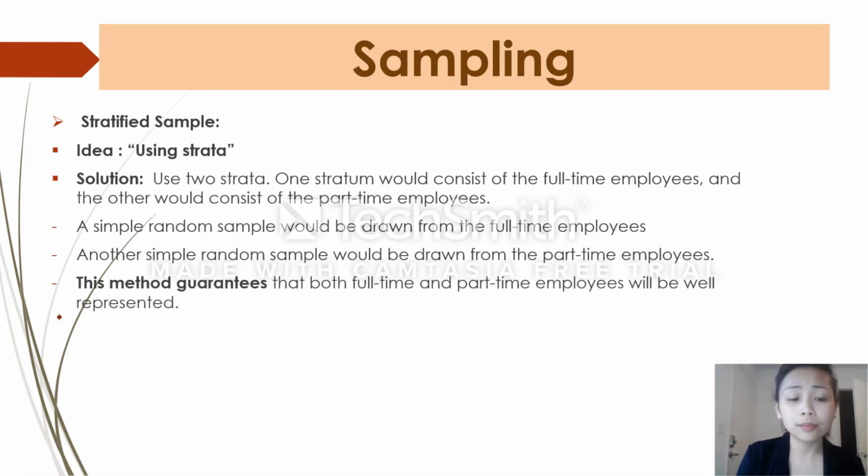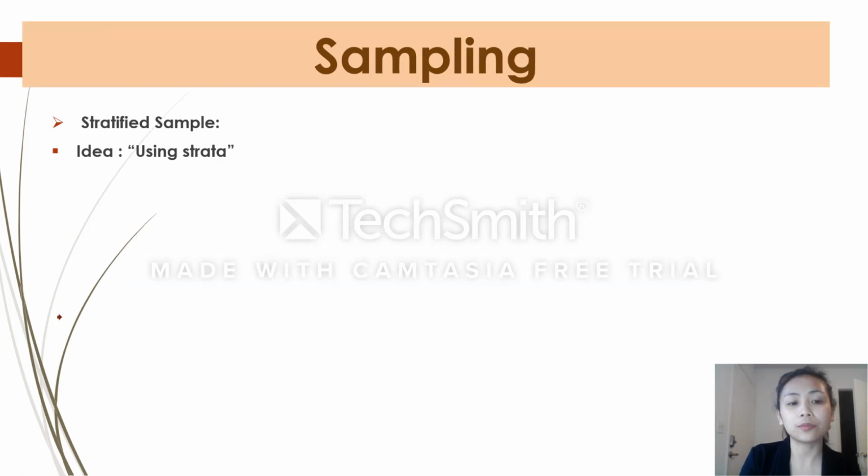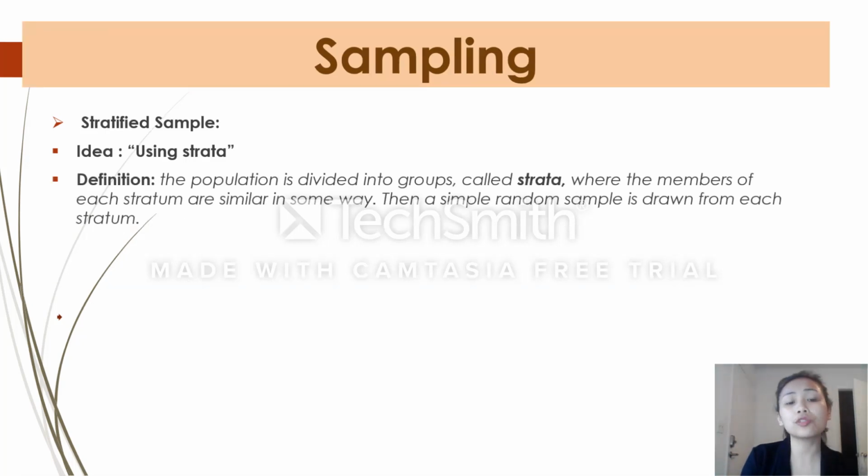This method guarantees that both full-time and part-time employees will be well represented. So that is about stratified sample. The idea is using strata. Definition: in stratified sampling, the population is divided into groups called strata, where the members of each stratum are similar in some way.